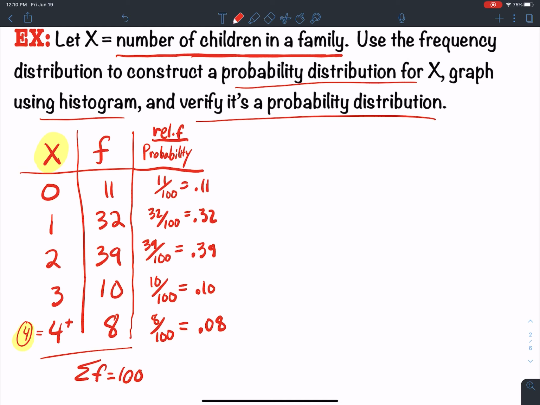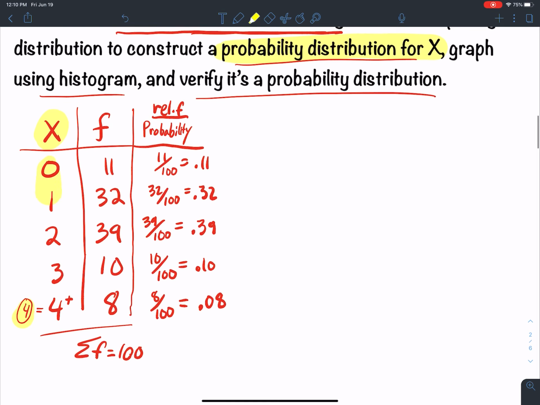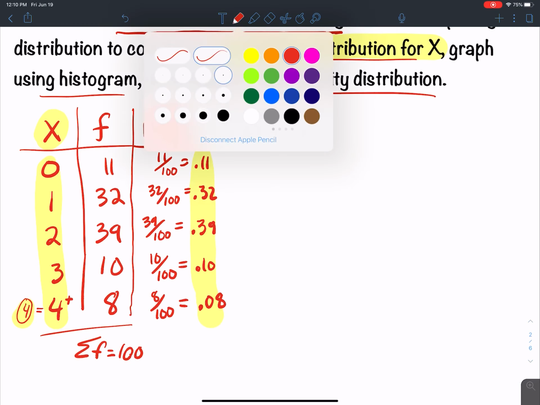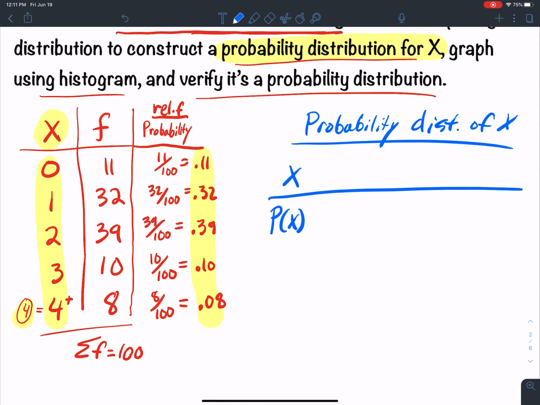Now, what I want to do is construct a probability distribution. So what is a probability distribution? It lists each possible value along with the probability of the value occurring. So here's each possible value and here's the probability of it occurring. The probability distribution of x is the values and the probability of the values happening.